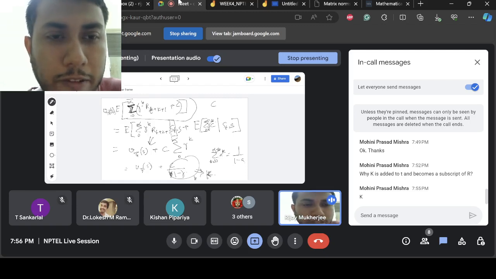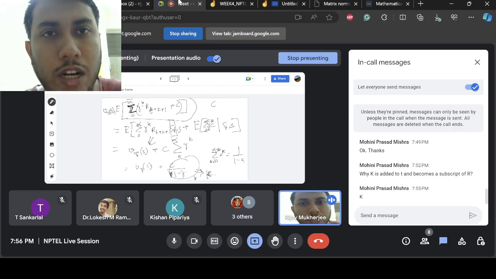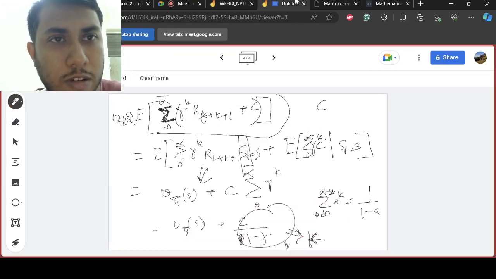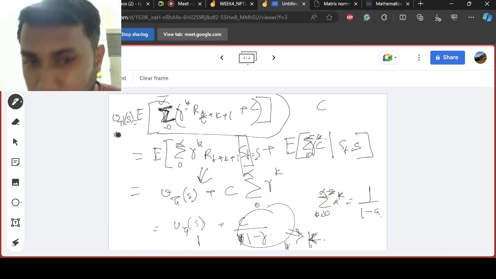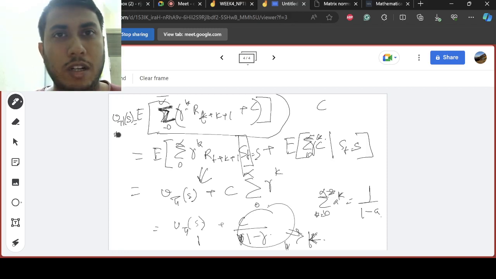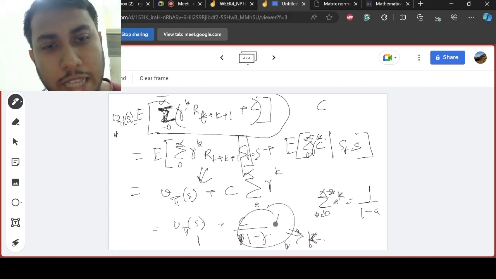Previous values were your v pi, and the new value is v star pi. So it becomes relatively the same, only this small term is added.